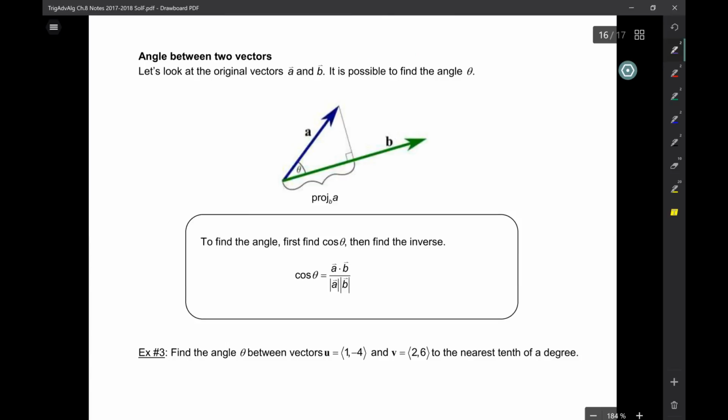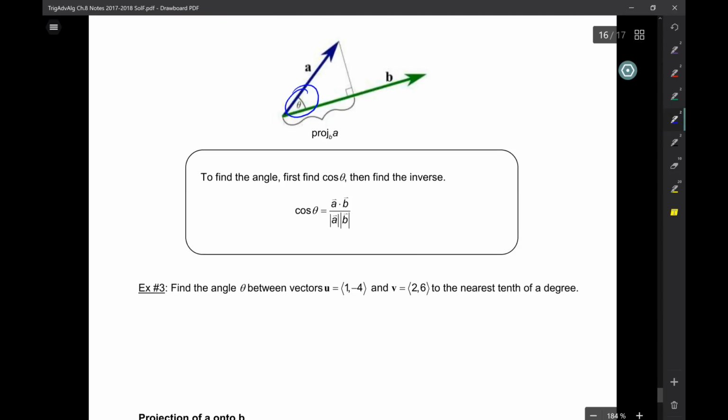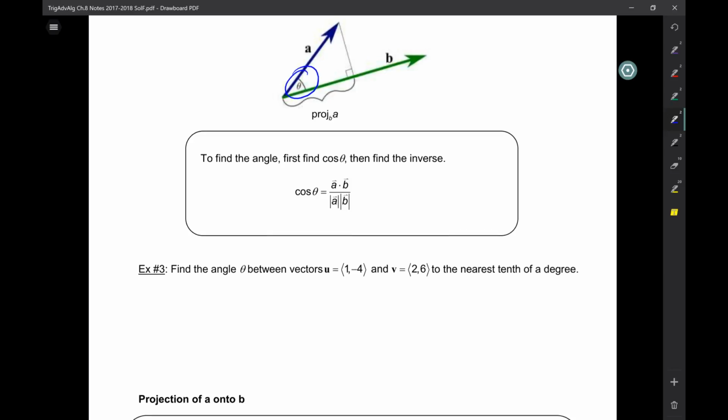So let's talk about how you find the angle between two vectors. The angle between two vectors is pretty much what it looks like: you have vector A, vector B, and this is the angle in the middle. We have a formula that gives us the cosine, and then we do the inverse to find the actual value.